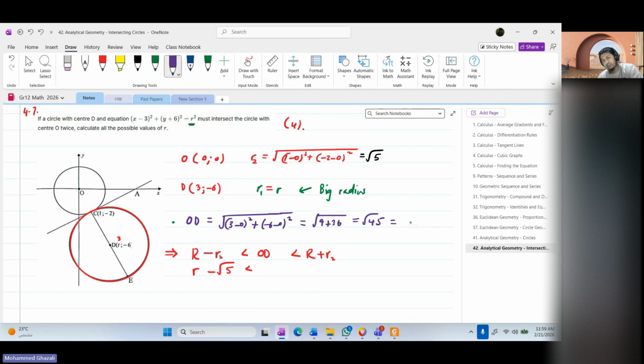What is square root of 45? 9 times 5, so 3 root 5. And less than 3 root 5.